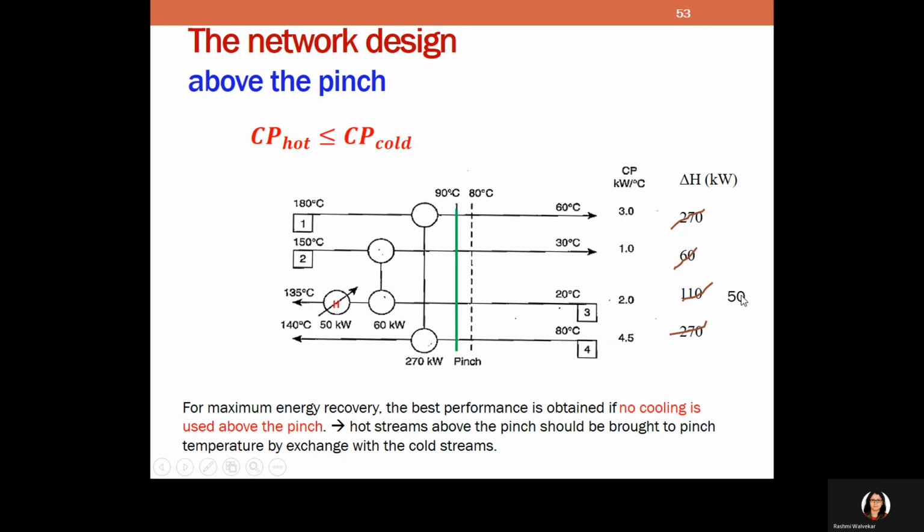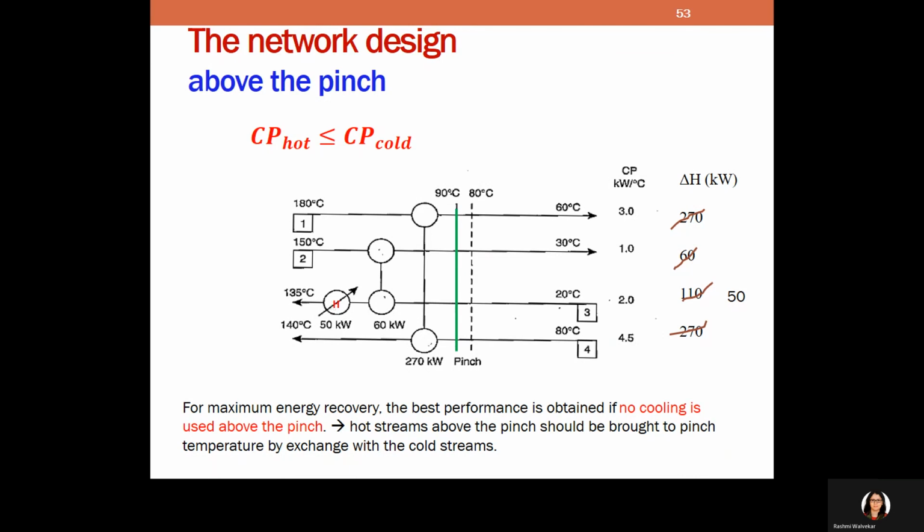Cold streams are heated up, so you need to heat this stream to have delta H equal to 0. So I will use a heater of 50 kilowatt to heat this stream. This is the cold stream, and I use a hot utility of 50 kilowatt. So I'm using only external heating of 50 kilowatt above the pinch.